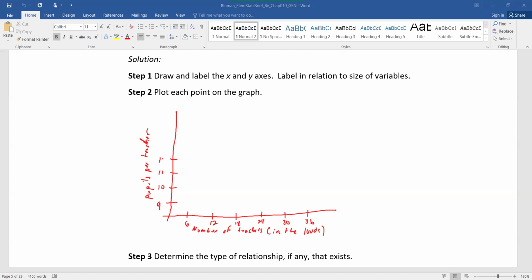What do we have to go up to? So we'll say 13, 14, 15, 16, 17. I ran out of room. Maybe we should have gone by twos.